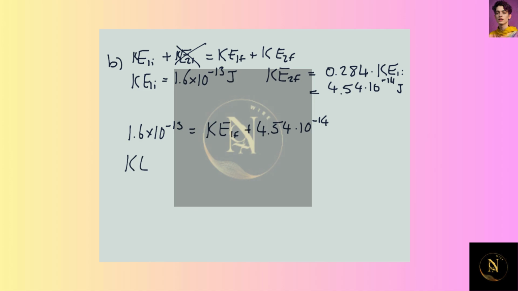So by a simple rearrangement, we can see the kinetic energy of the neutron is going to be 1.15 times 10 to the negative 13 joules.